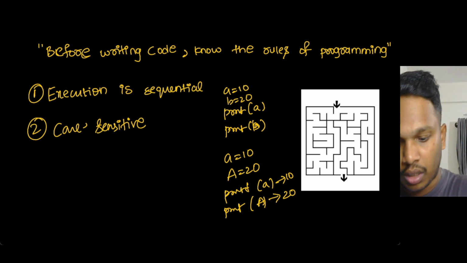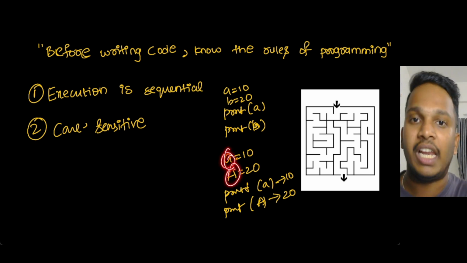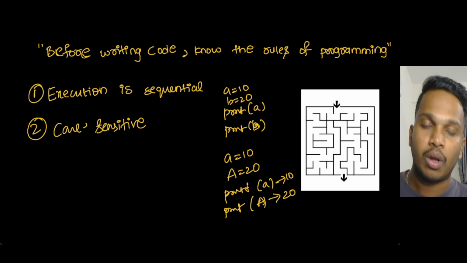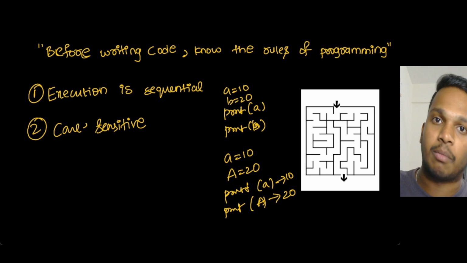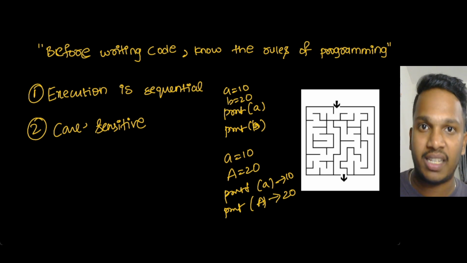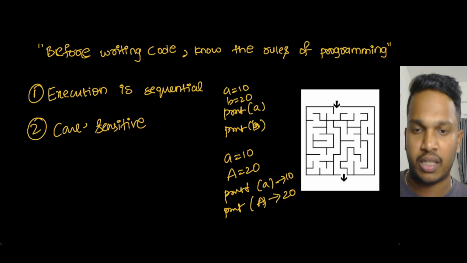Clear? Capital A and small a are both different. They are not the same. If a person writes small a, it is one variable, and if a person writes capital A, it is a different variable. This is the second point, case sensitive.